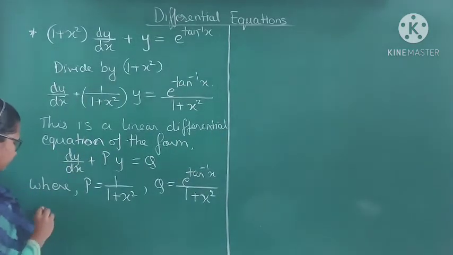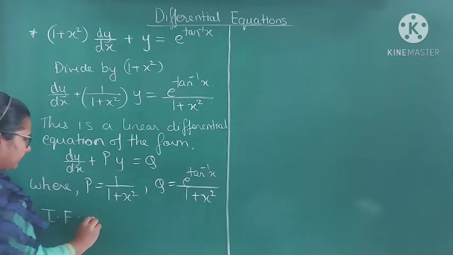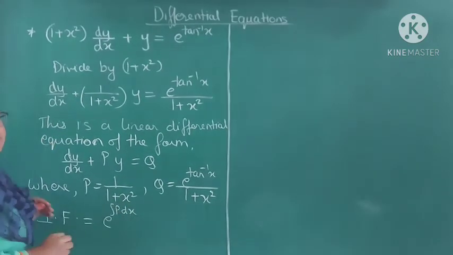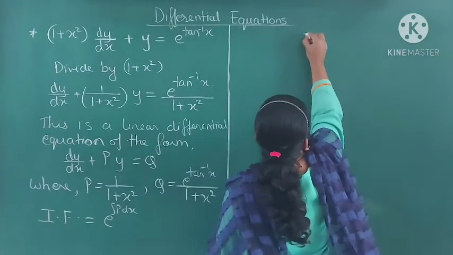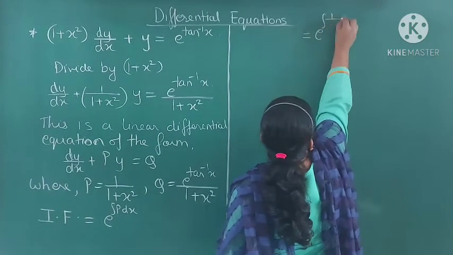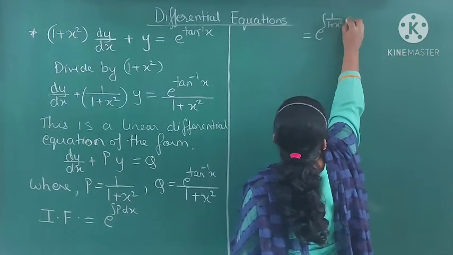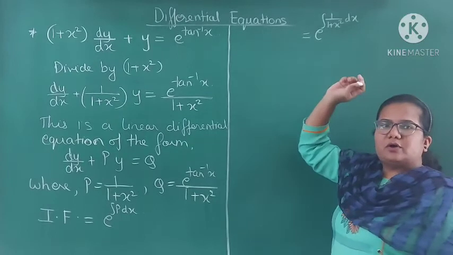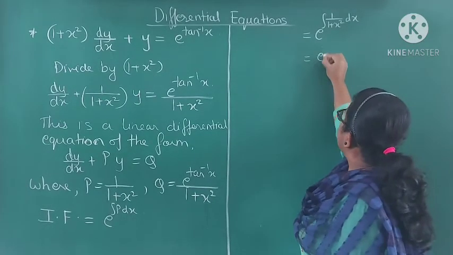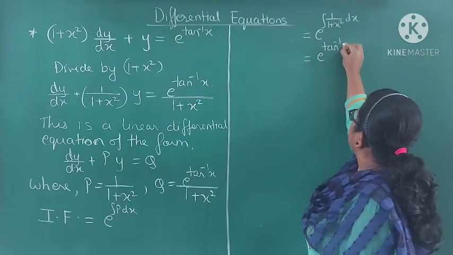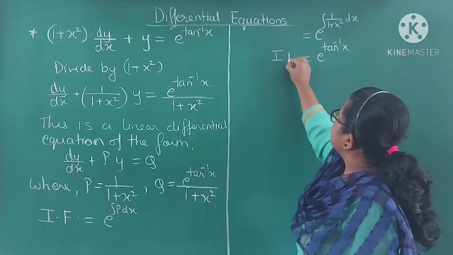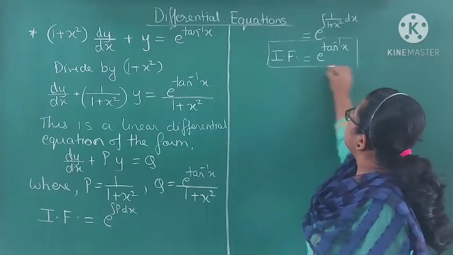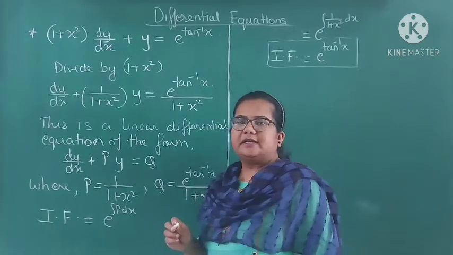So the integrating factor is equal to e raised to integration of t dx, that is equal to e raised to integration of 1 upon 1 plus x square dx. Yes, integration of 1 upon 1 plus x square is tan inverse x. So you get the integrating factor as e raised to tan inverse x. This becomes your integrating factor.